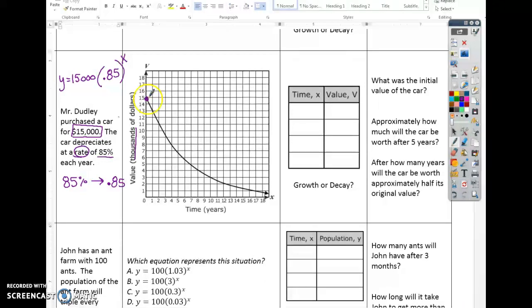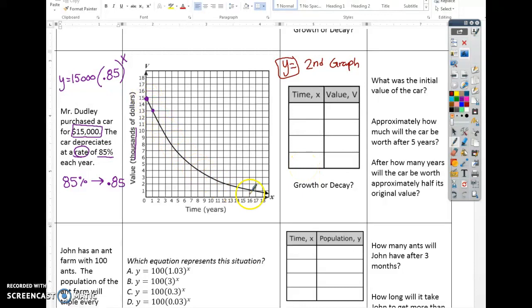Or you can pick pretty points from here. Right? Pretty points. There's not a lot of them. And then put them on the table. So if I put this in y equals, second graph, that'll give me the table. So let's go put that equation in y equals, second graph. And let's answer these. I know it's a decay.